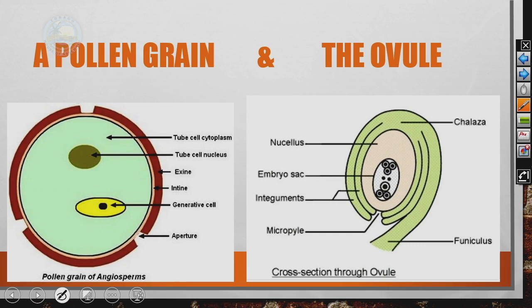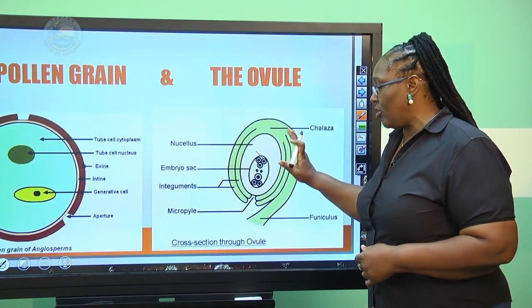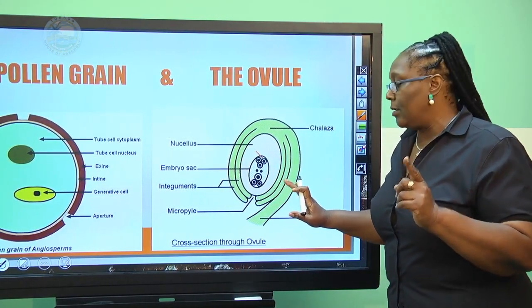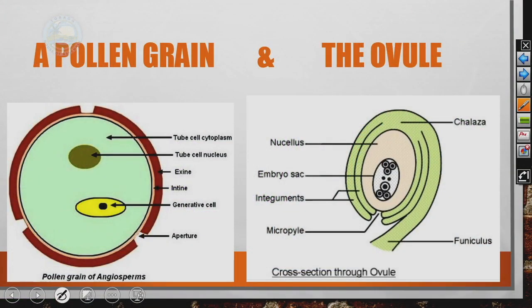In the female gamete, you are seeing this. Now, this is a frequent mistake that students make. They have a lot of challenges with understanding the structure. Bear in mind, the actual gamete is this part inside of here.